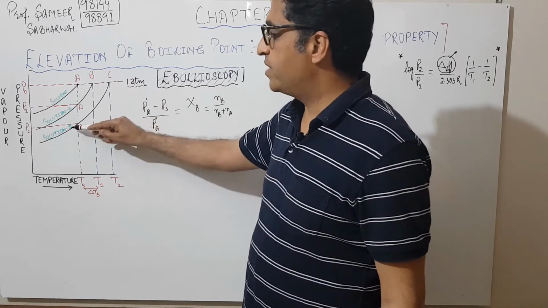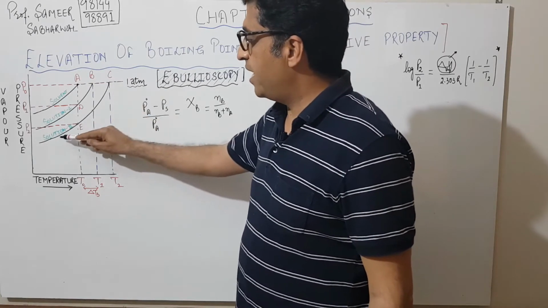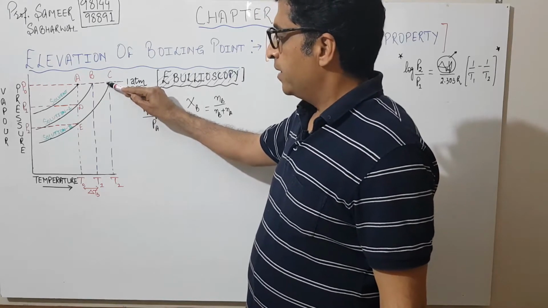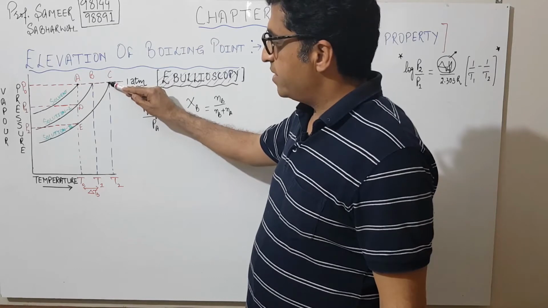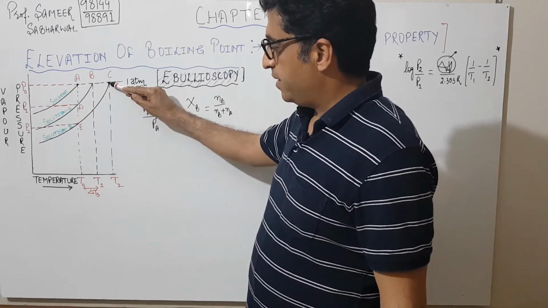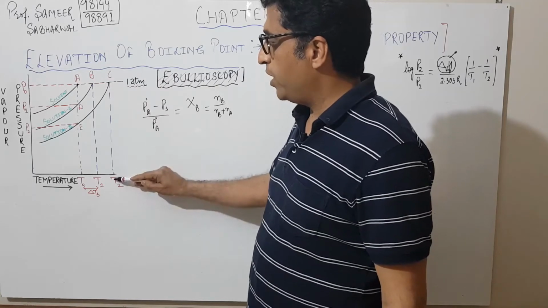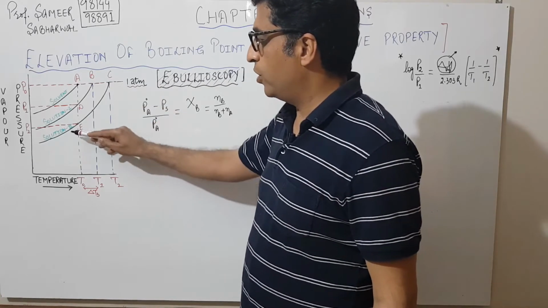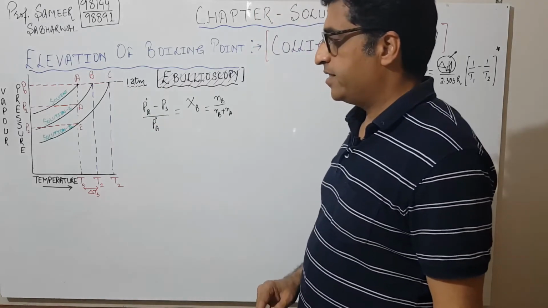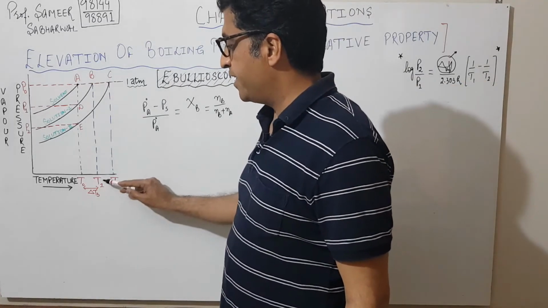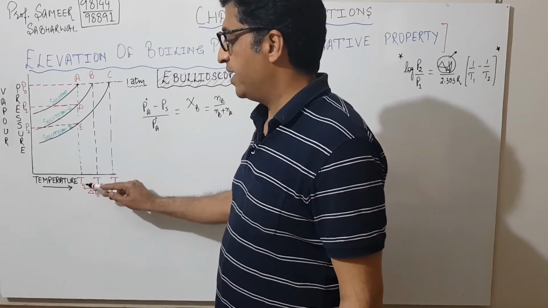Now students, you can see well that this line is touching 1 atmosphere at point C. It means corresponding temperature to C is T2. So T2 is the boiling point of solution 2. And this term is very clear that T2 is higher than T1 and T1 is higher than T0.